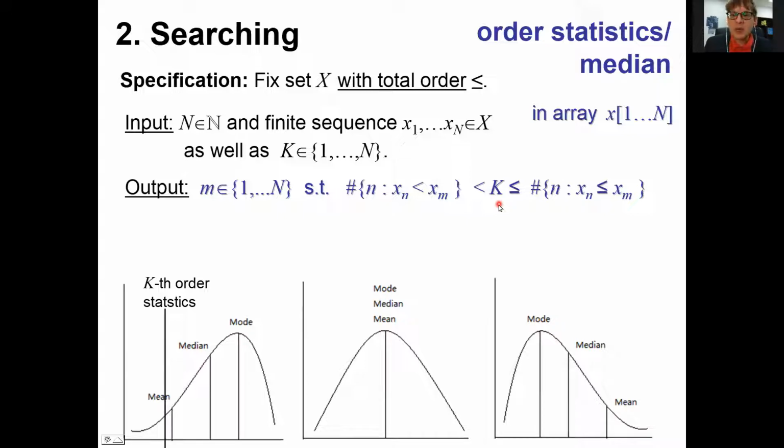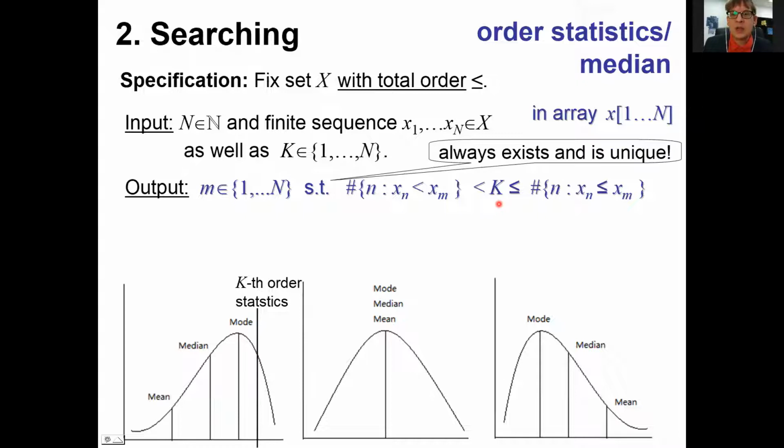And I want to make it an exercise, an assignment, or maybe a quiz that you formally prove that this specification is well defined. Recall, we've spent a lot of time in the first chapter pointing out the importance of a rigorous, unambiguous, total specification.